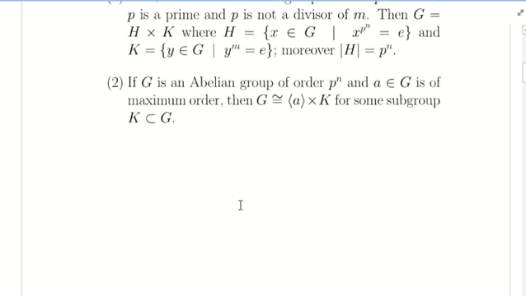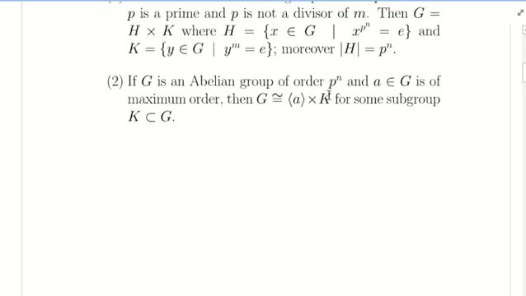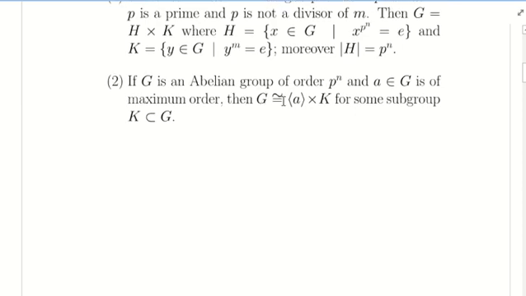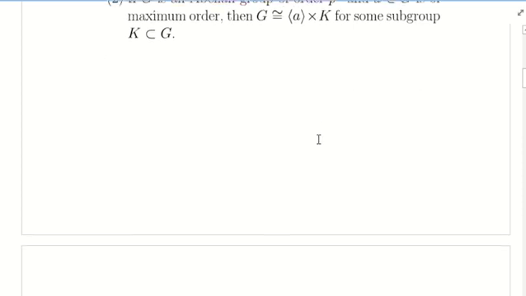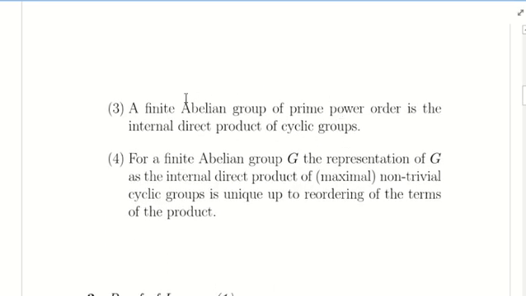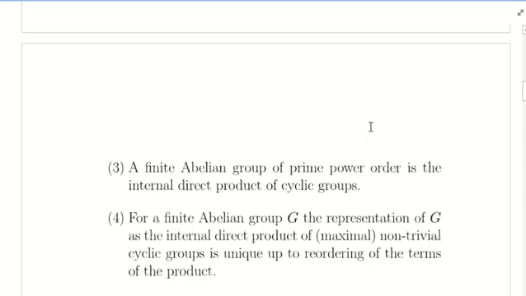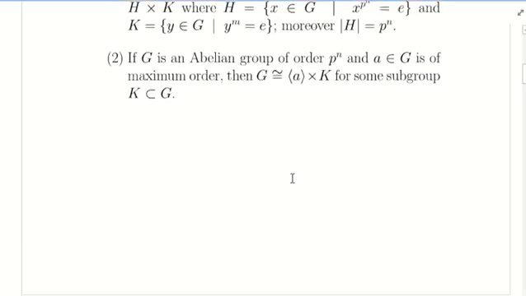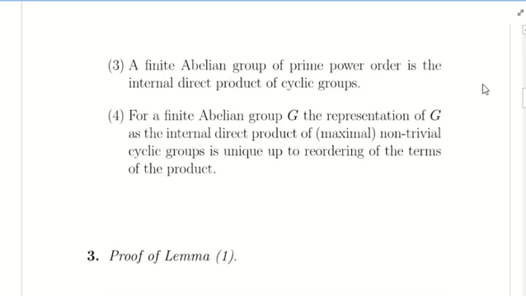Lemma 2 says that if you have a prime power abelian group, which is what this H is, then it's a cyclic group times some other subgroup. And so basically we can do an inductive argument by just redoing lemma 2 over and over again to show that any prime power order abelian group is a direct product of cyclic groups.